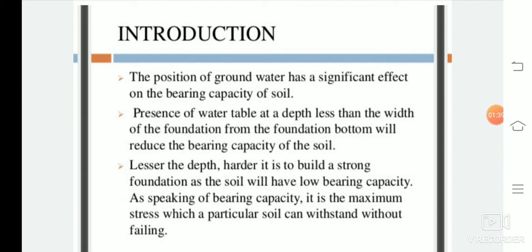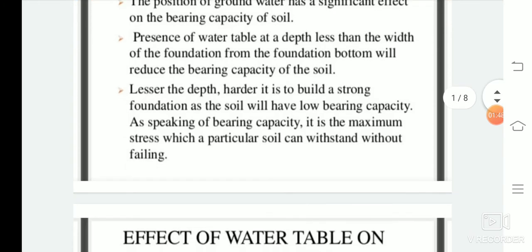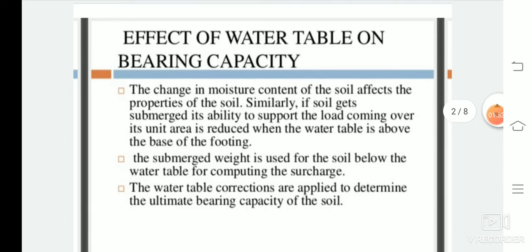So maximum bearing capacity can be obtained when the water table is at a significant depth below the foundation. So hence we will study the effect of water table on the bearing capacity.